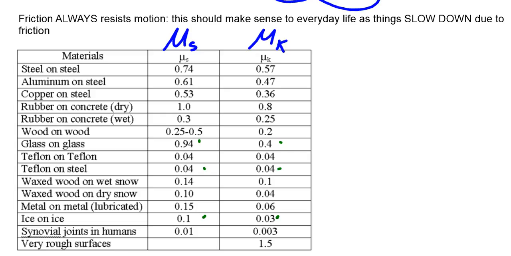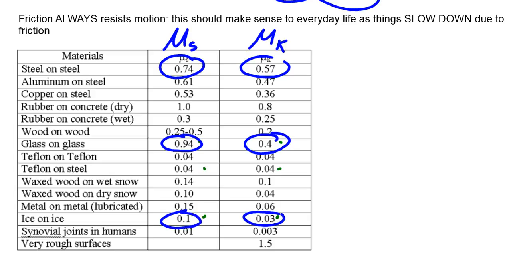For every example, whether it's steel on steel, glass on glass, or even ice on ice, you can see that these friction values have a variety of ranges, but in all the cases, the static friction is always greater than the kinetic friction. So right from the table, that becomes apparent.